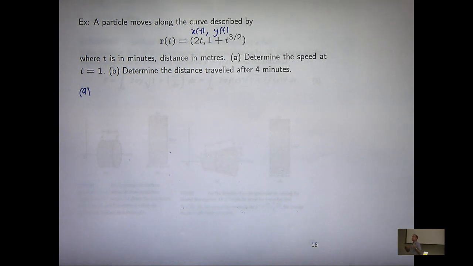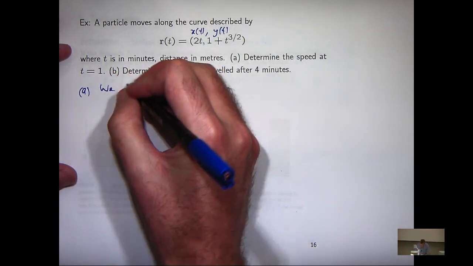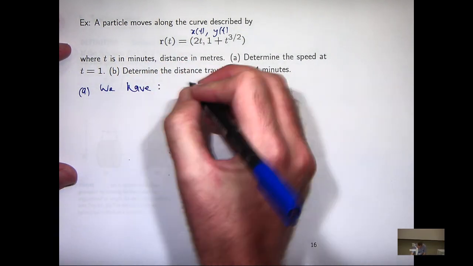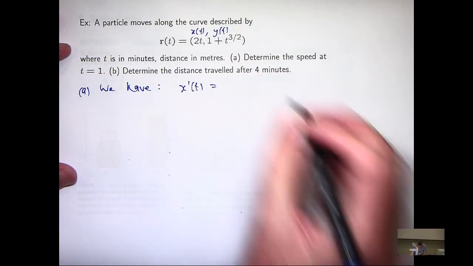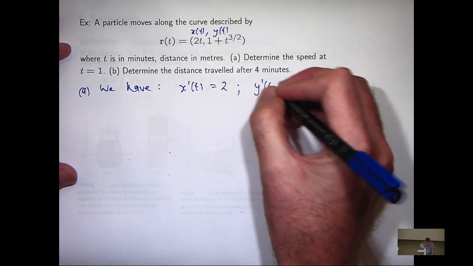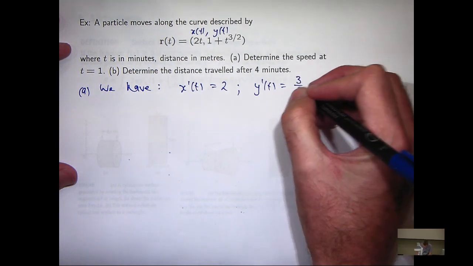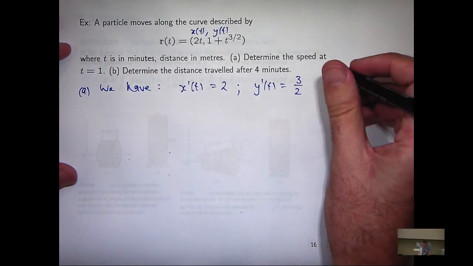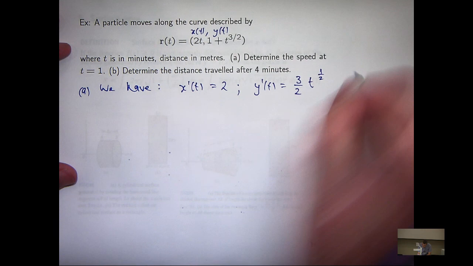So let's just differentiate and apply our speed expression. x prime is just going to be 2. y prime is going to be something like this.